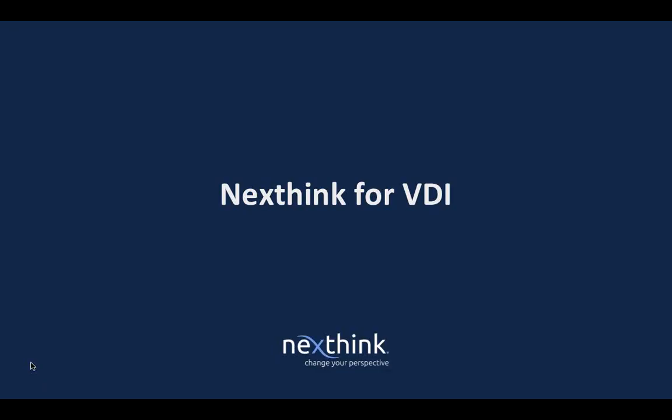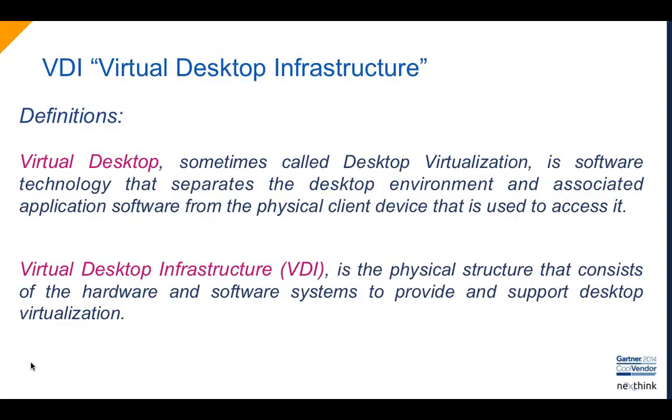Now that was my small introduction about Nexthink, and let's see how Nexthink can help in VDI. First of all, let's understand some terms here. What is virtual desktop and what is virtual desktop infrastructure? What is the difference between them? Virtual desktops, or sometimes called desktop virtualization, is the software technology that separates the desktop environment and its associated software from the physical client device used to access it.